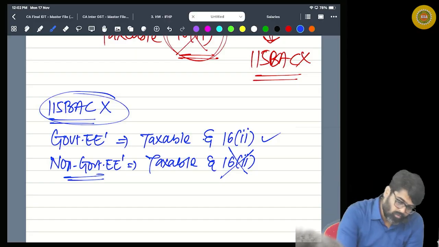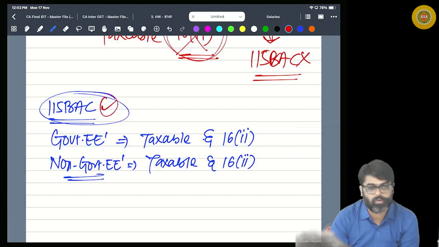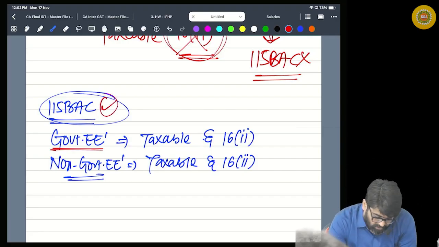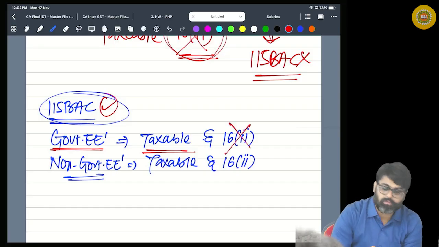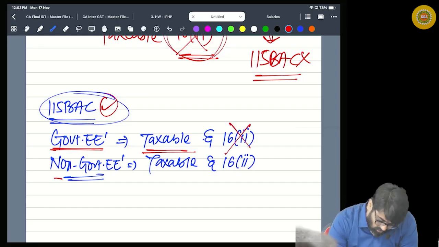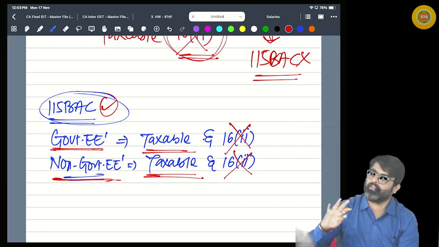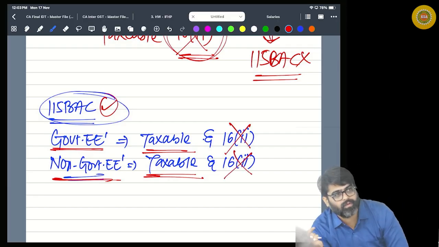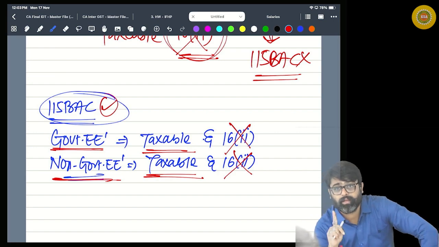Yes or no? What if 115BAC is followed and you are a government employee? First taxable, and the deduction will not be available. If you are a non-government employee, first taxable, and the deduction was anyways not available to you. Will you remember this? This is the treatment you are supposed to give for entertainment allowance.